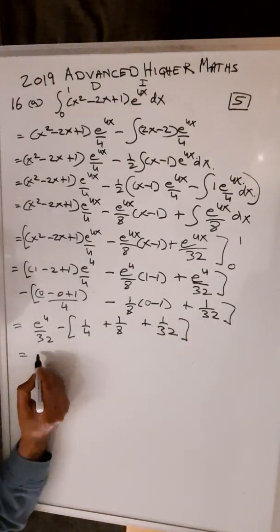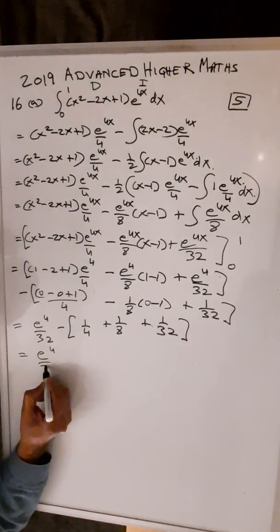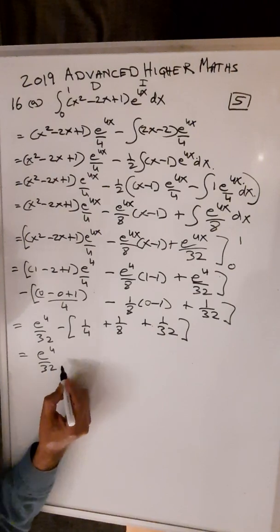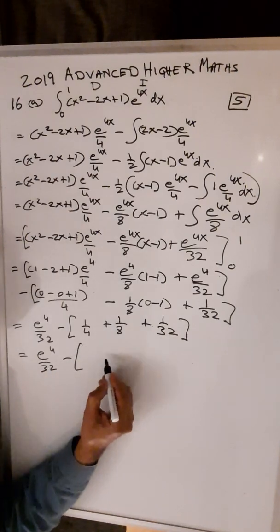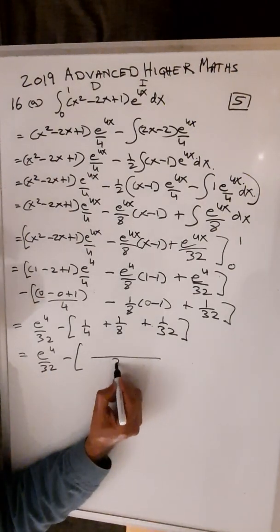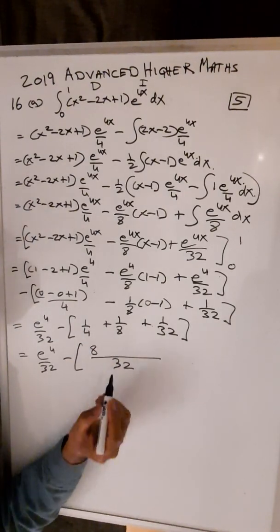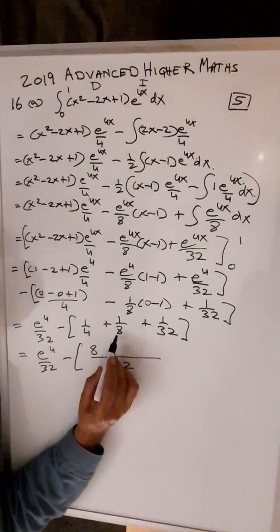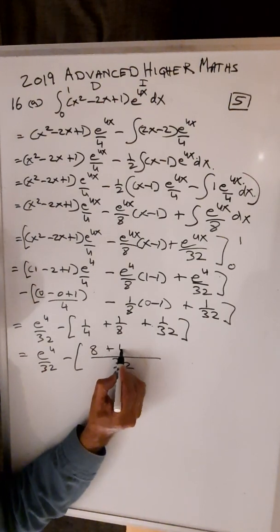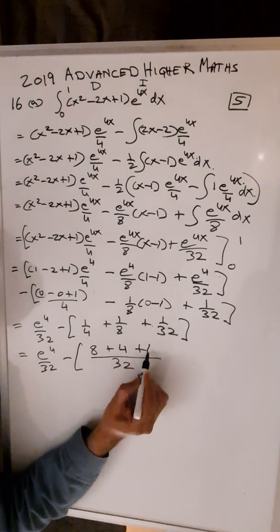So what you have there is e to the 4 over 32 minus adding all of these. Your lowest common denominator is 32 there. 8 times 4 is 32, so that's going to be 8. And 8 times 4, so that's going to be 4, and plus 1.